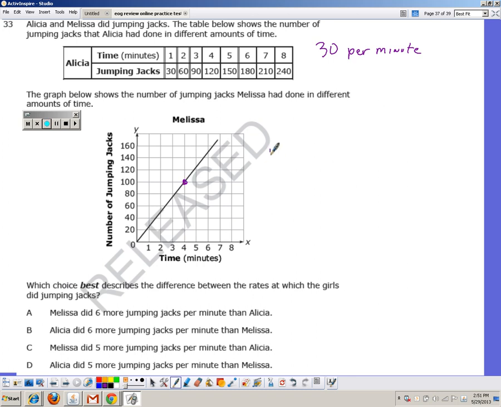So you're going to do 100 divided by 4, which equals 25 per minute. Okay? So the difference between 25 and 30 is 5. And Alethea did 5 more jumping jacks per minute than Melissa. So the answer is D.